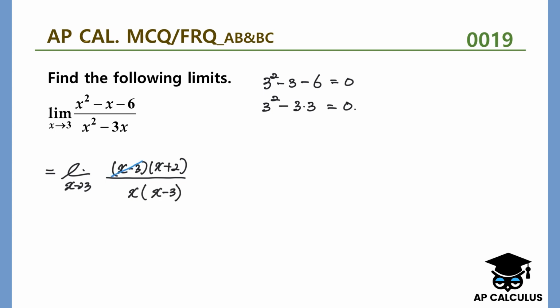These two x minus 3 factors cancel out. So that is equal to the limit as x approaches 3 of x plus 2 over x. Now substitute 3 for x. That's 3 plus 2 over 3, which is equal to 5 over 3.